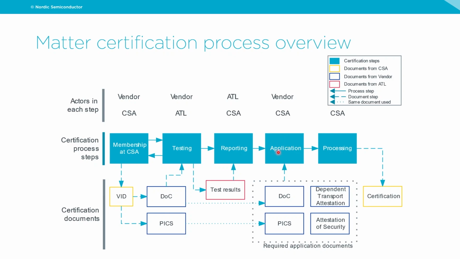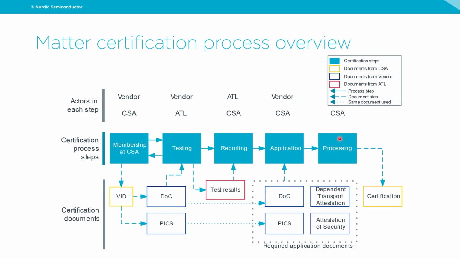The final application for certification requires you to send the following documents to CSA: Declaration of Conformity, PICS, Dependent Transport Attestation, Matter Attestation of Security, and description of the Matter end product to be certified, including photos.